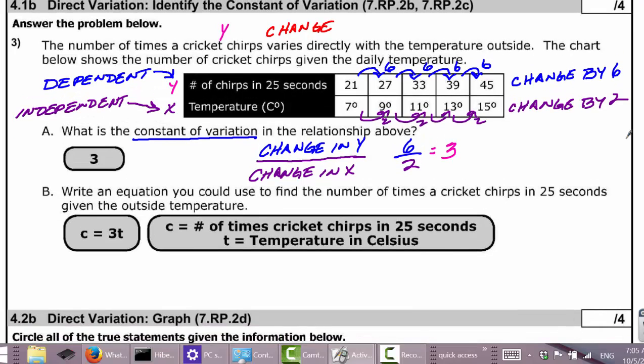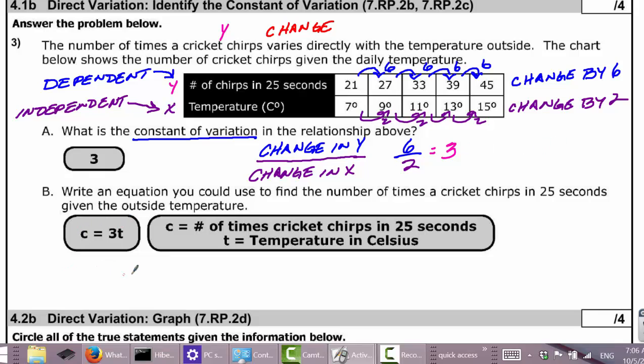Now, how would you write a formula for that? Write an equation you could use to find the number of times that a cricket chirps in 25 seconds given the temperature. So we know that we're calculating the chirps based on the temperature, and our formula is right here. The chirps, the C value, is equal to 3 times the temperature.